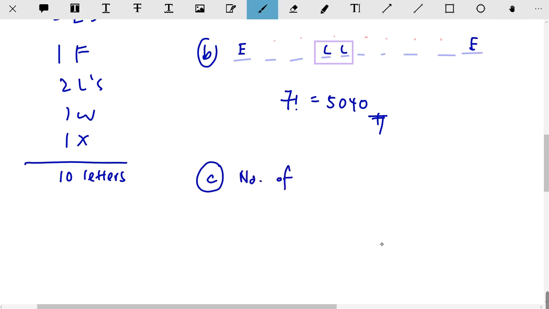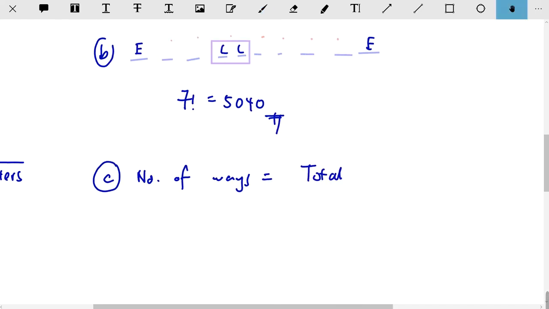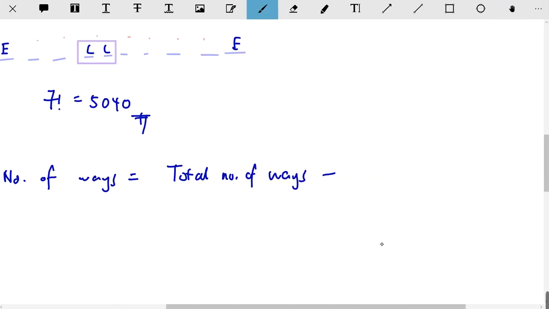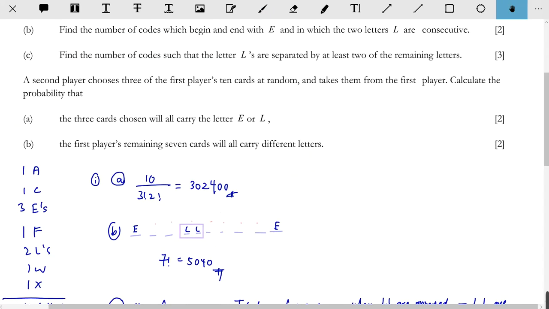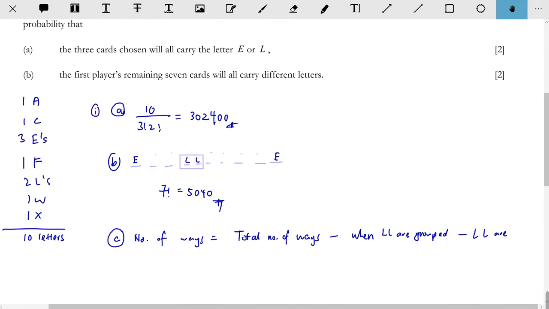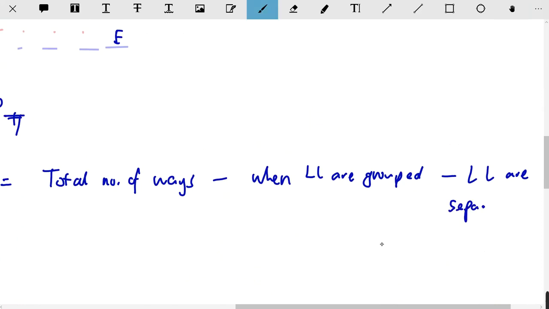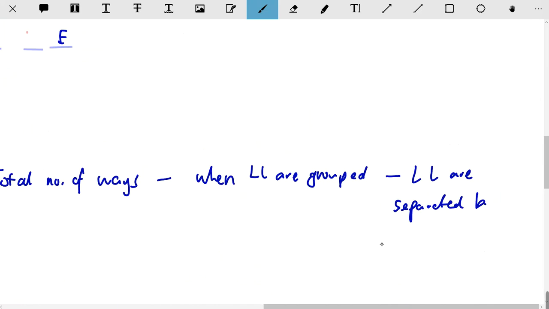So just the number of ways required will just be the total unrestricted ways, minus the cases when L are grouped together, and when L are separated by one letter.